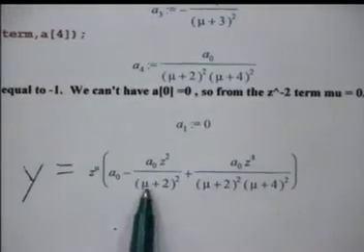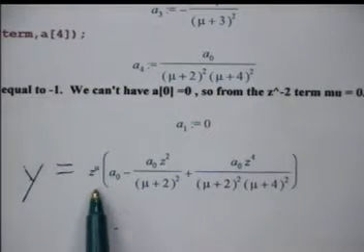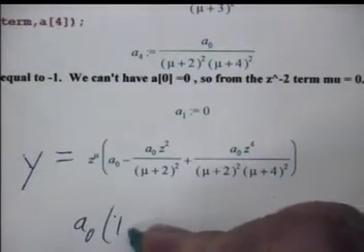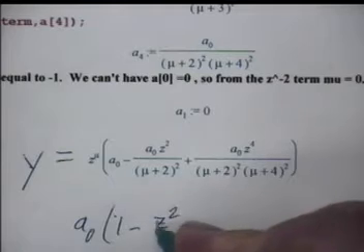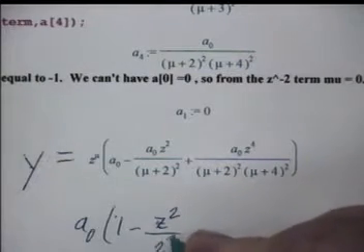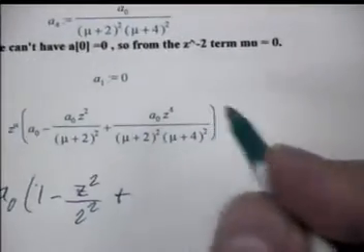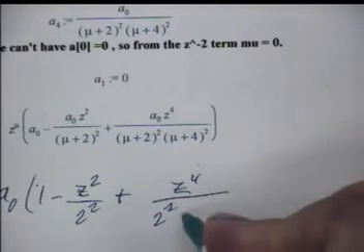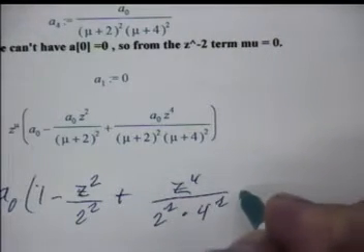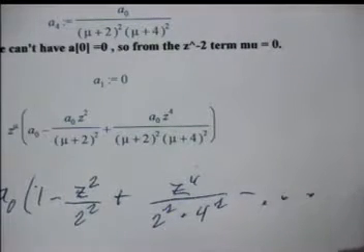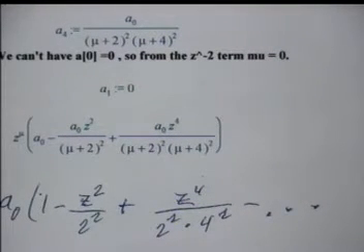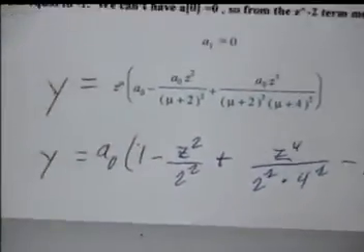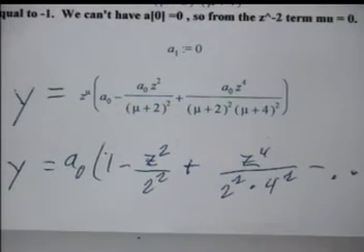So we'll put mu equal to 0 through here. z to the 0 would be 1, and so we'd have a0 times 1 minus z squared over 2 squared plus z to the 4th over 2 squared times 4 squared, minus, and continuation. So we have an infinite series for the value of y with a coefficient a0.